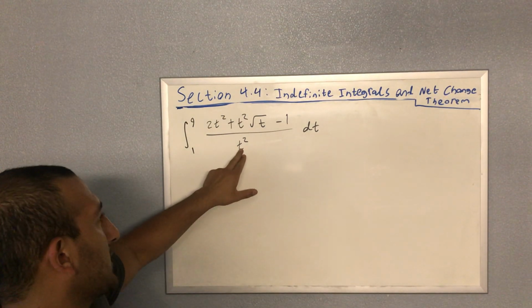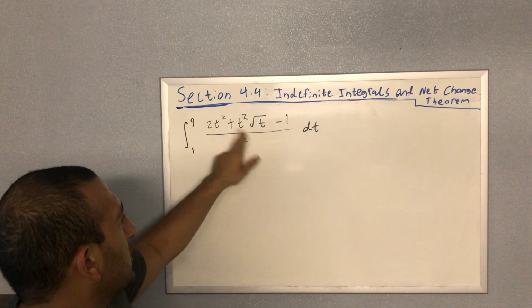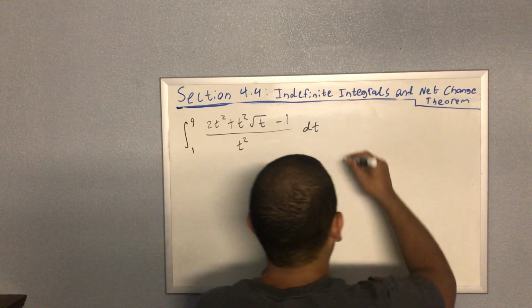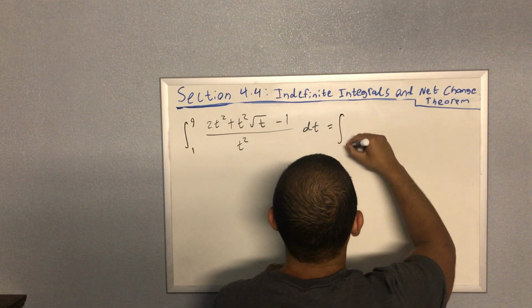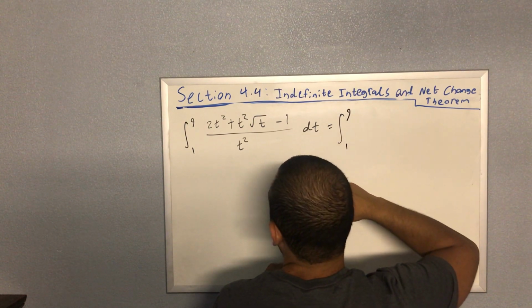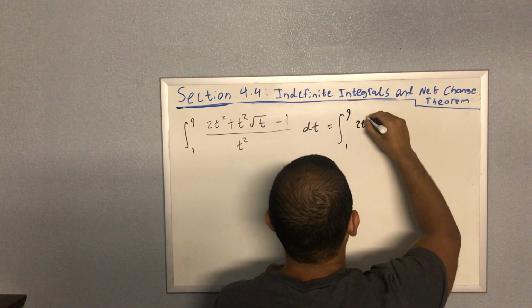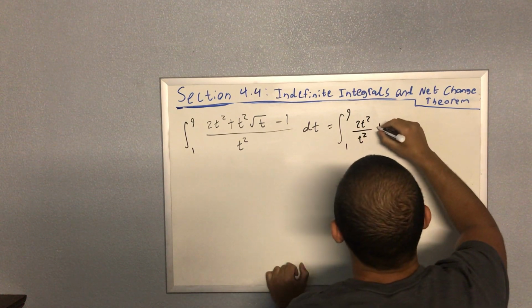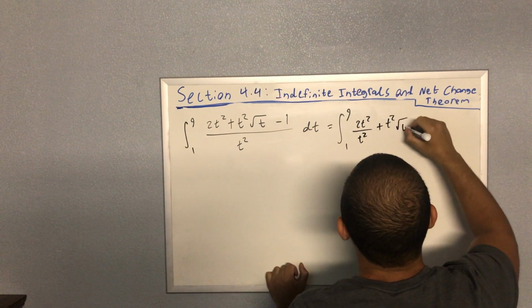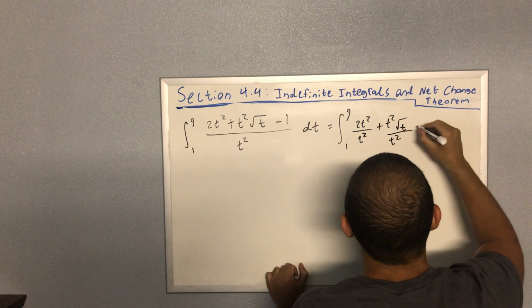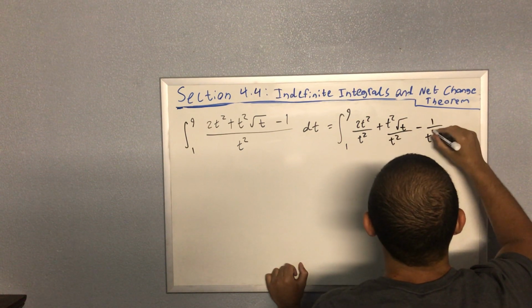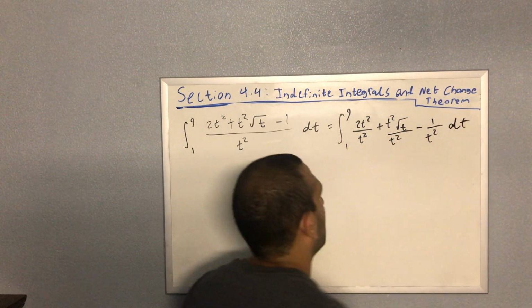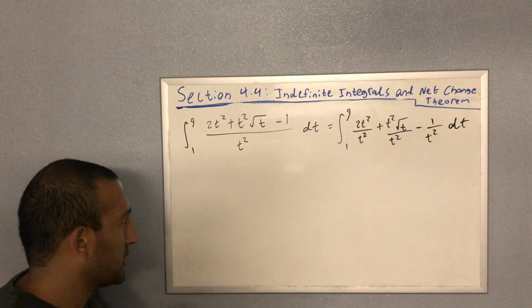Well, this t squared can divide into each of these 3 pieces. So, again, you might have to do some algebra before being able to use these rules. So, this is 2t squared all over t squared plus t squared over root t minus, right, the t squared can break up into each piece.